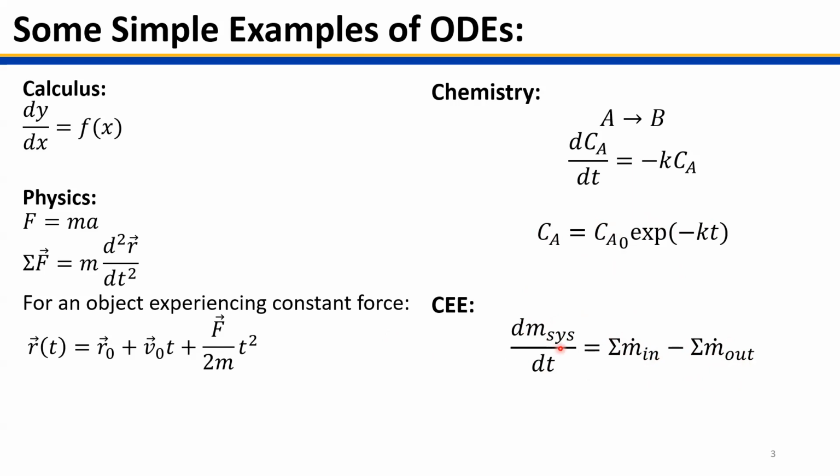Yes, no change in the mass over time. What is that called? Yeah, good. Steady state. If you haven't seen this yet, surely you'll master all of these by the time you graduate. If it's steady state, that's nice because this goes to 0. If it's non-steady state, then you got some homework.